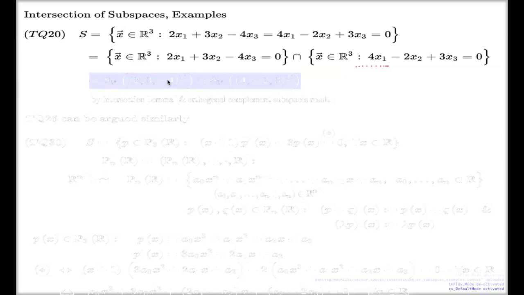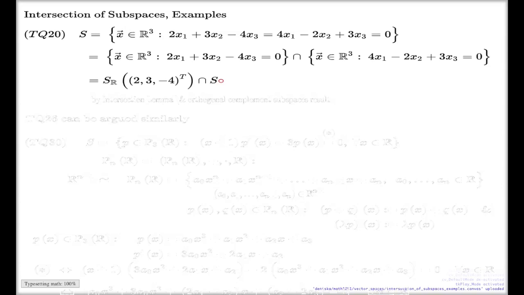If I use my notation from 2 slides ago, these are simply the S sub R with respect to the vector A like so, and with respect to the vector A like so. And now I finish my argument by saying this set individually is a subspace because of the orthogonal complement lemma from 2 slides ago.